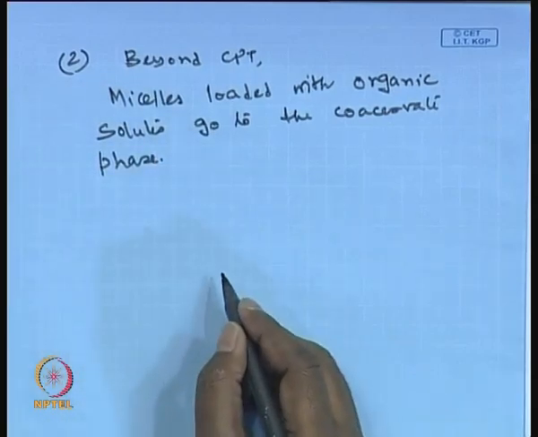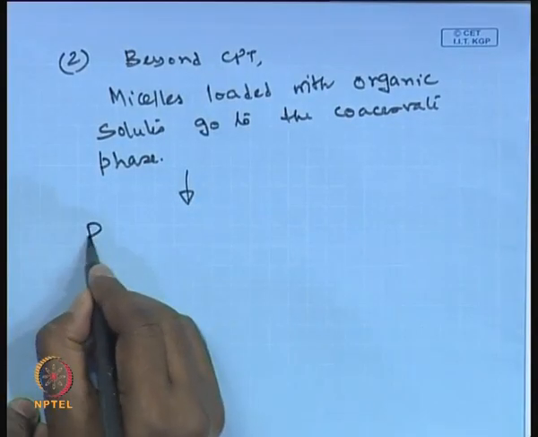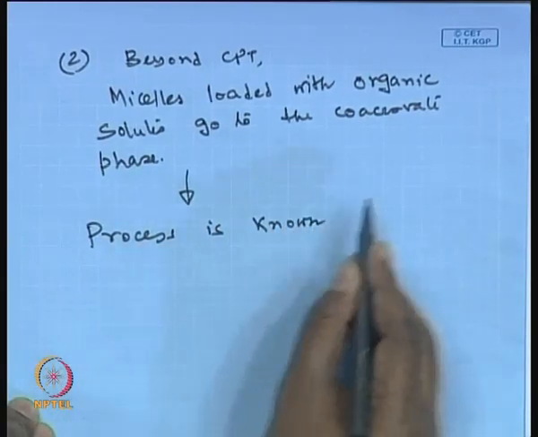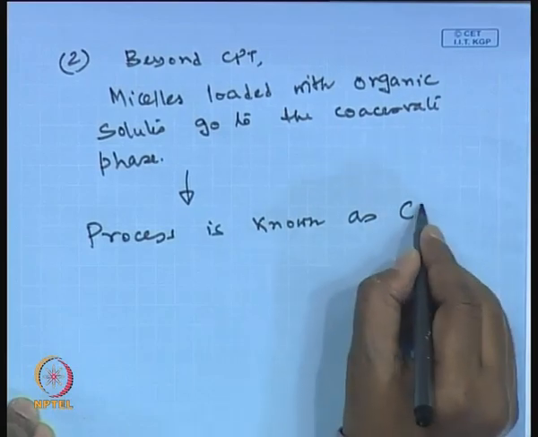So, you will have an almost clear solution in the aqueous phase that is devoid of the organic pollutants. Thus the solubilization of the solutes and then the cleaning up or separation of the organic pollutants occurs in the cloud point extraction, and this whole process is known as cloud point extraction.